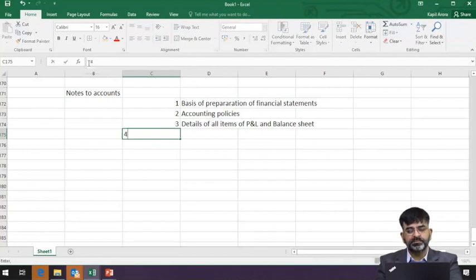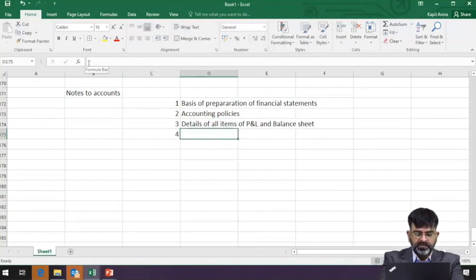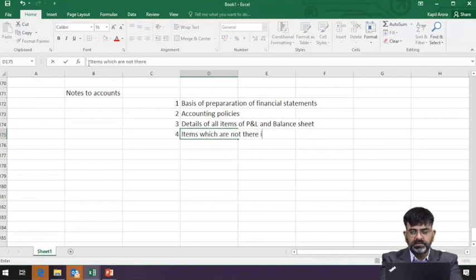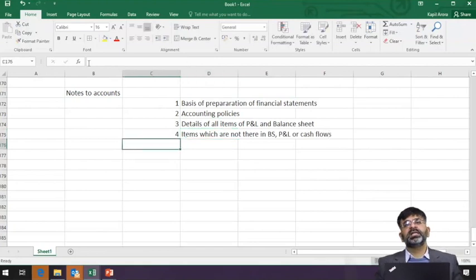Number 4 would be for the items which are not there in balance sheet, P&L or cash flows. Can you tell me which could be the items which are not there in balance sheet, P&L and cash flows but should be there in the notes to accounts?